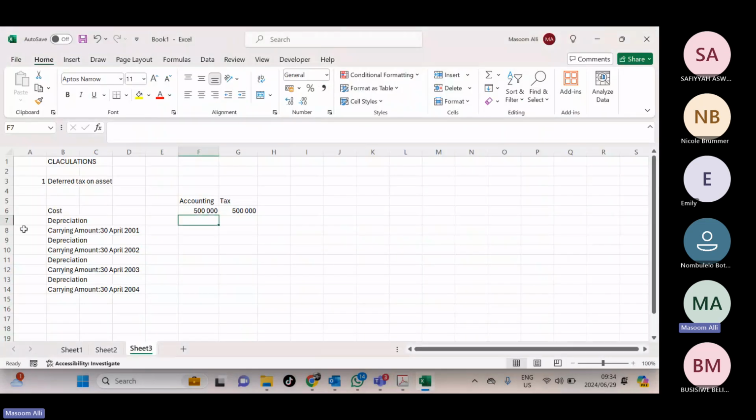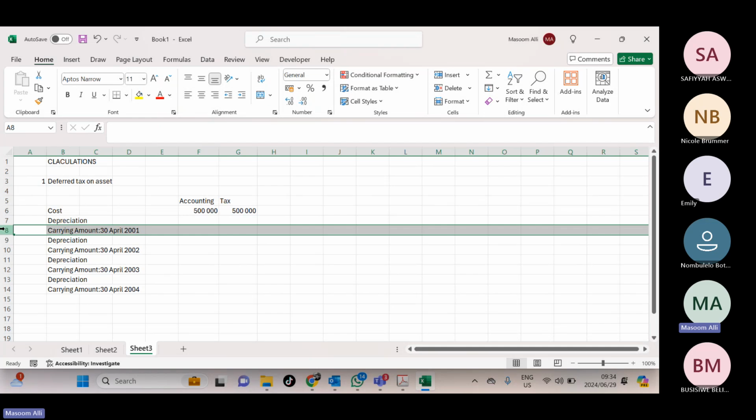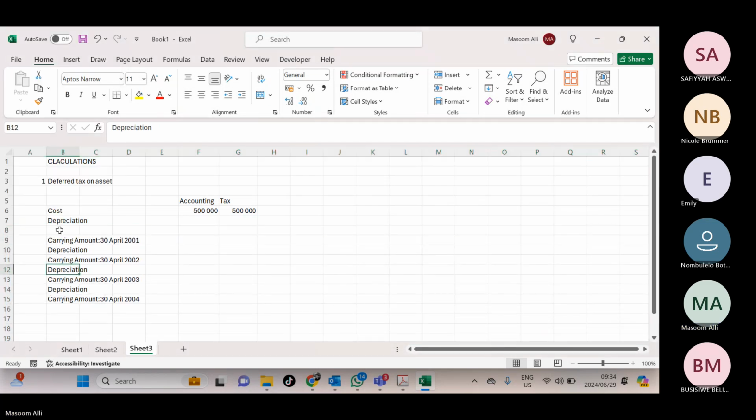So if we really now just do the calculation for our depreciation, I'm just doing it on Excel so that you guys can follow it easier, but let me just add a line, then I'll show the calculation. Your depreciation is going to be the 500,000 over 5 times 6 over 12, which is going to be 50,000.